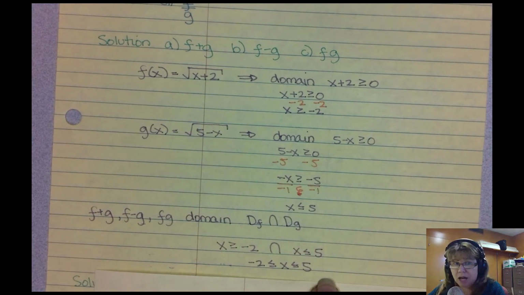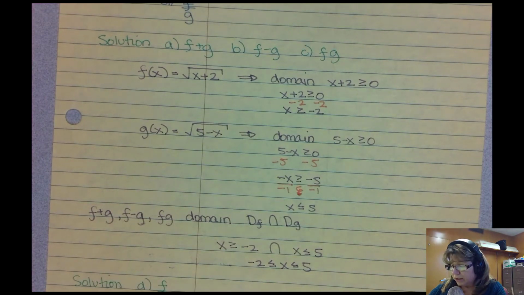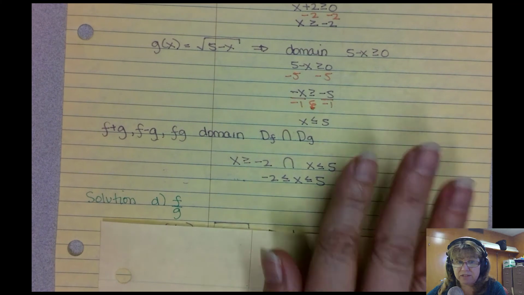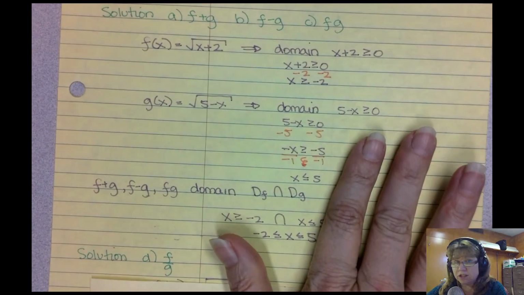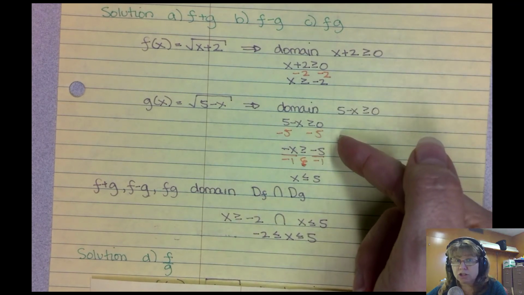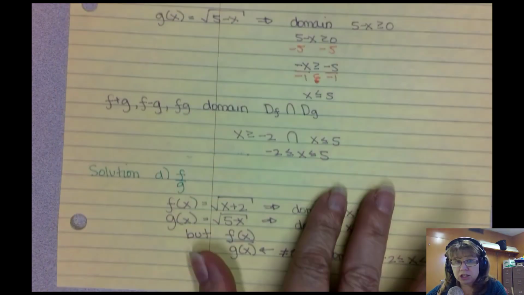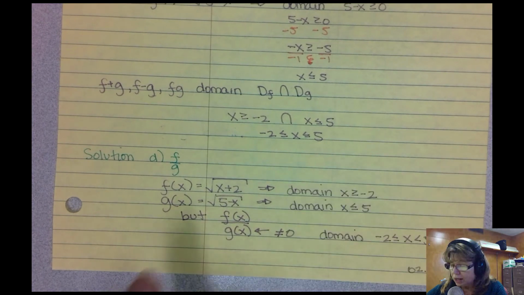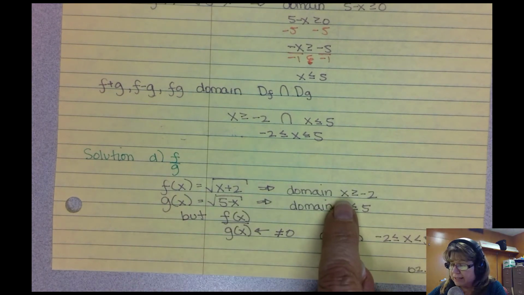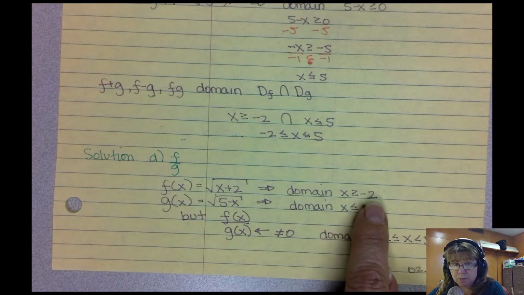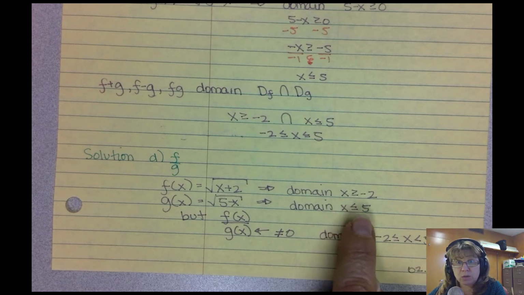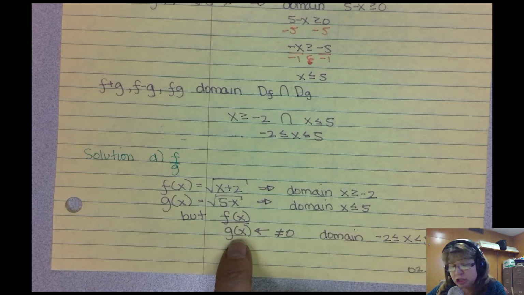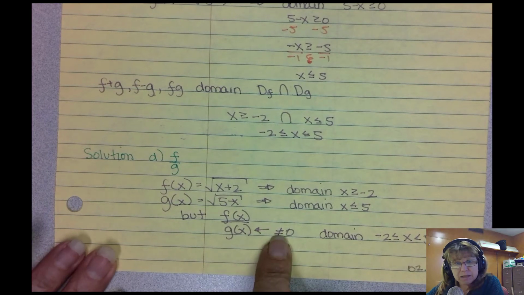Now the complexity comes when we're talking about the division. When we are looking at f divided by g, our domains for the individual functions are exactly the same. There's no new work to do. There's only a little issue that we need to consider. Since f of x's domain is x is greater than or equal to negative 2, and g's domain is x is less than or equal to 5, but g is in the denominator, we can't let it be 0.